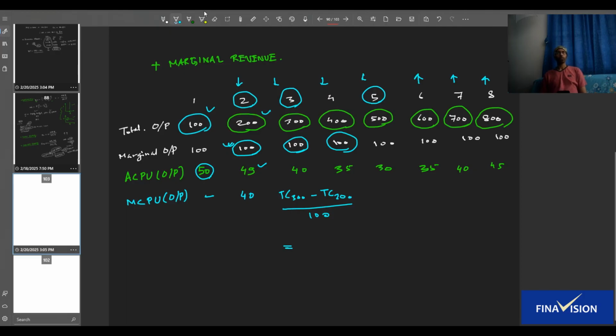This is equal to total cost at 300, which means 40 into 300, which is 12,000, minus total cost at 200, which is 45 into 200, which is 9,000, divided by 100. This is equal to 30. So let me write it directly in the row.